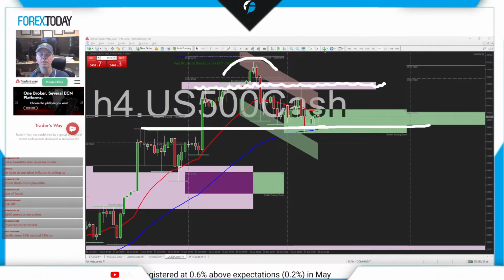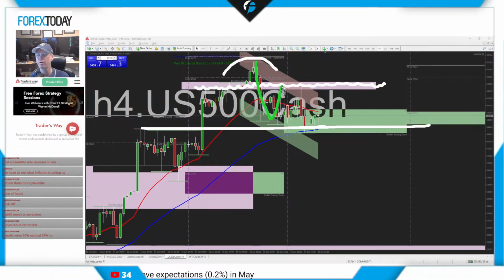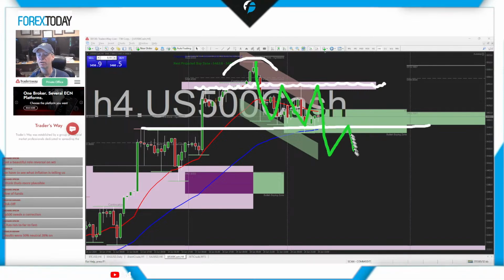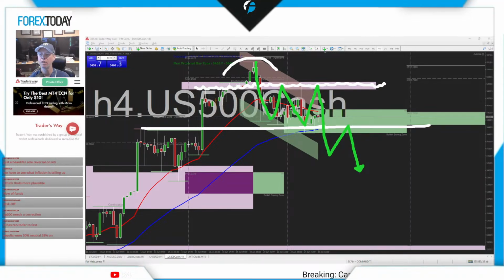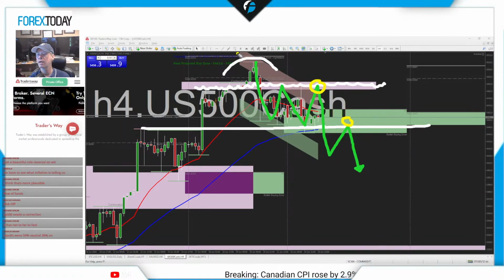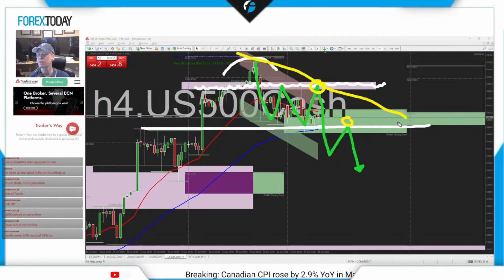So now the next move that is possible, remember, it's rangy, but if it breaks, then we definitely have something new to be playing. And maybe even a connection like that.